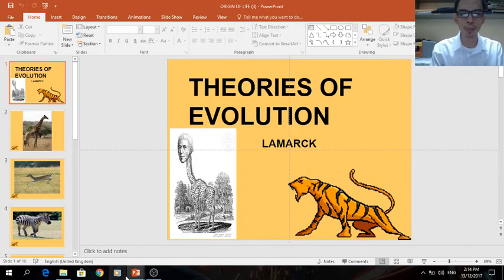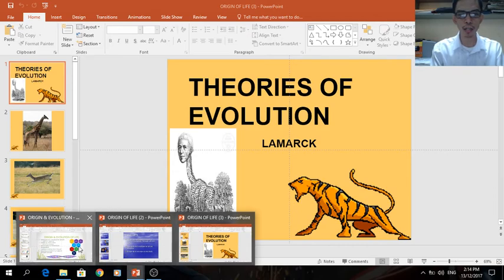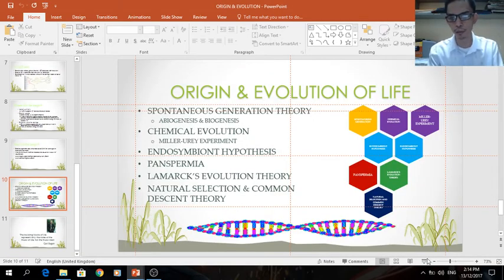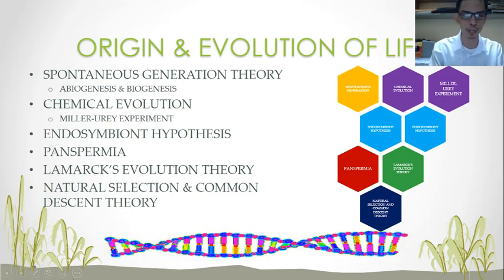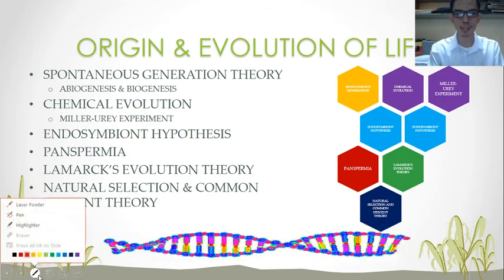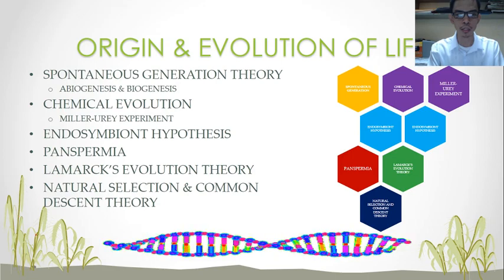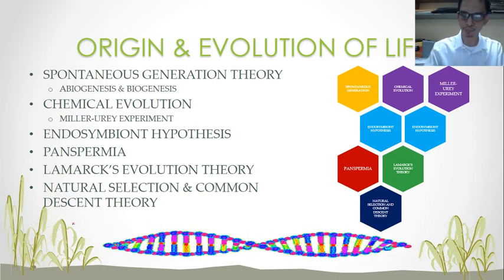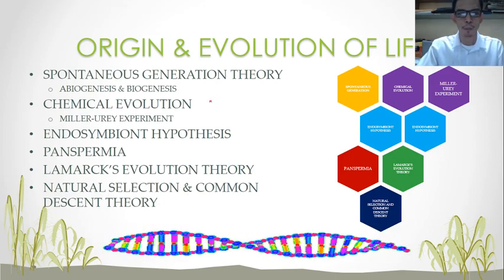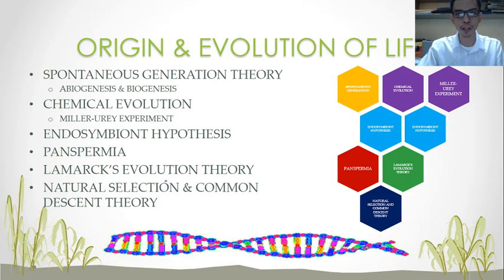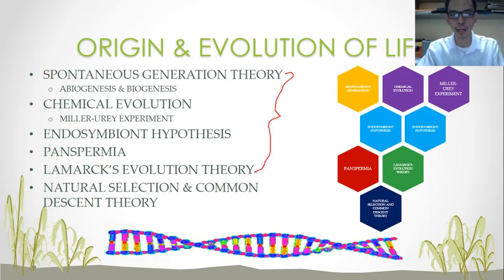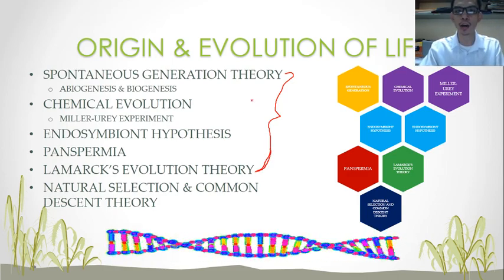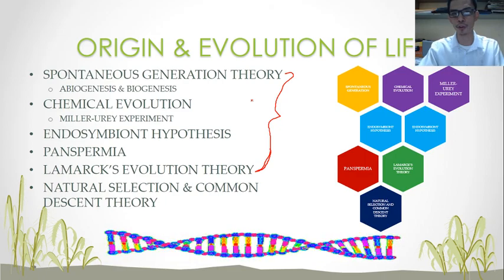All right, so with that, we finished Lamarck's theory, and what we have left here is the natural selection theory by Charles Darwin. So this section will be in the documentary. So that will be for the theories and ideas that explain how the origin and evolution of life occur here on Earth.